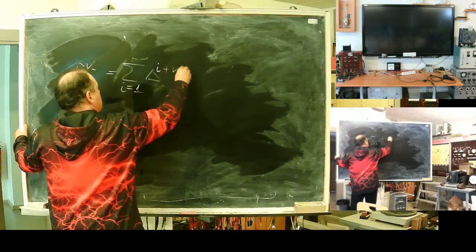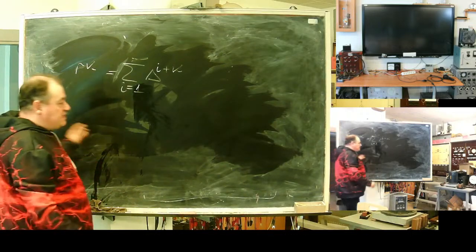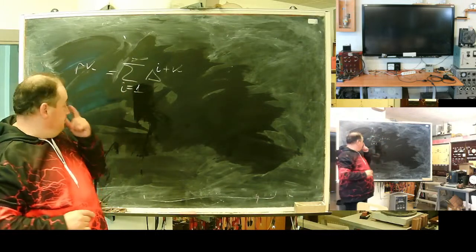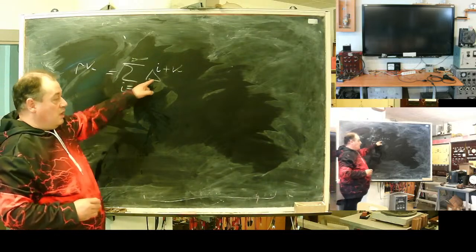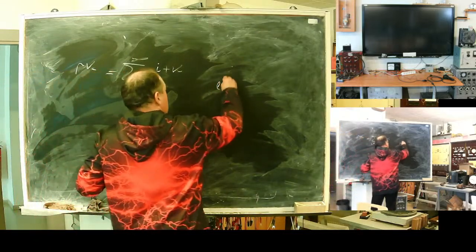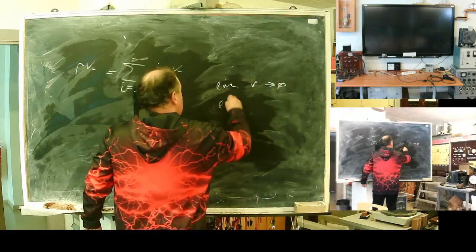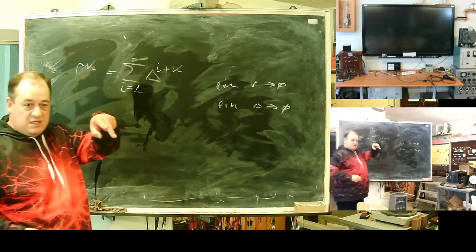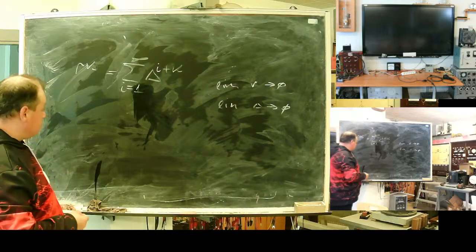The distance is a sum of distance differences. Understand? If the limit of r is 0, the limit of delta is also 0. The difference between two zeros is 0. Yeah?